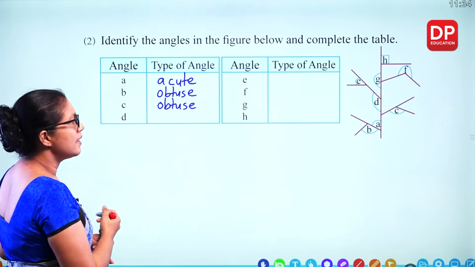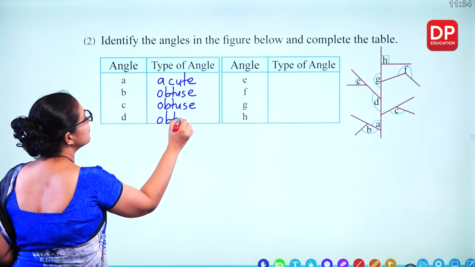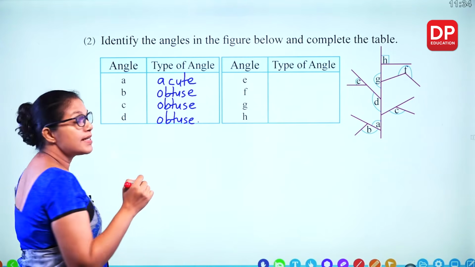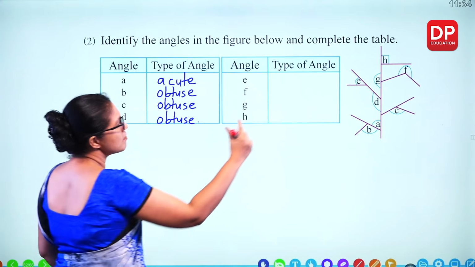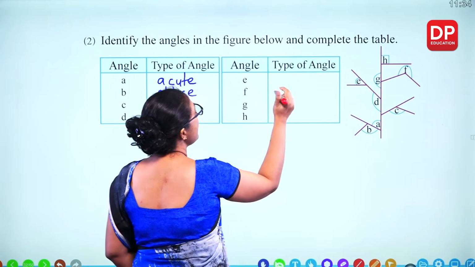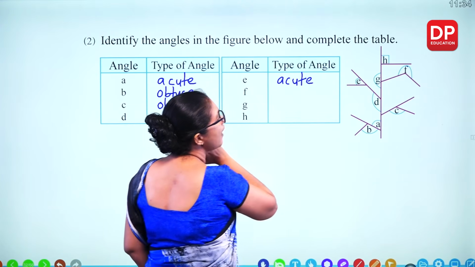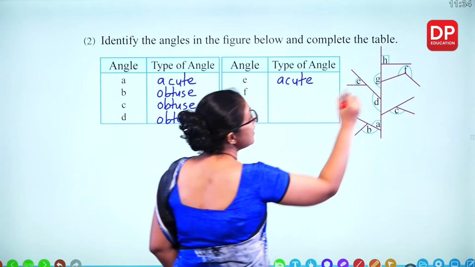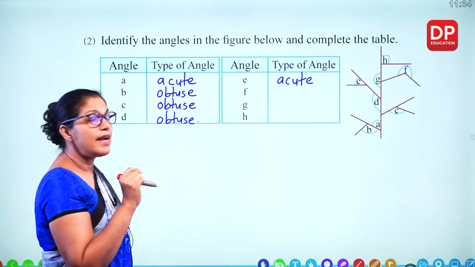D. That's also an obtuse angle. More than 90 and less than 180. E angle. It's a small angle, less than 180. That's acute. F angle is a reflex angle, more than 180.